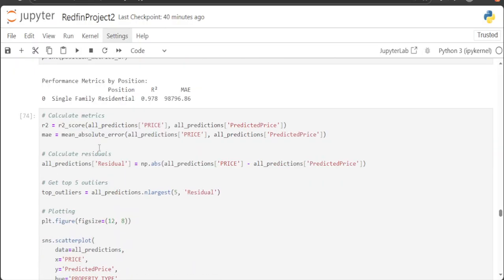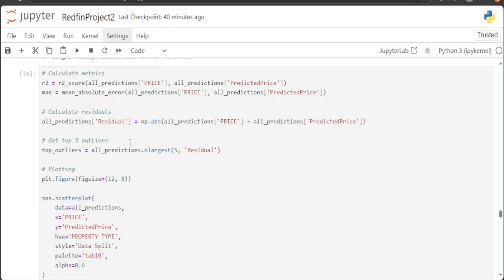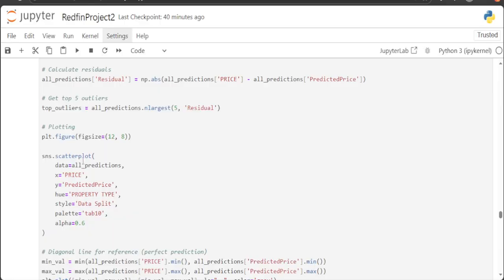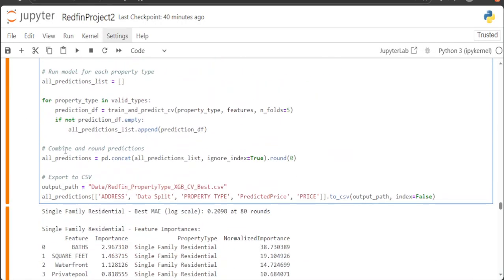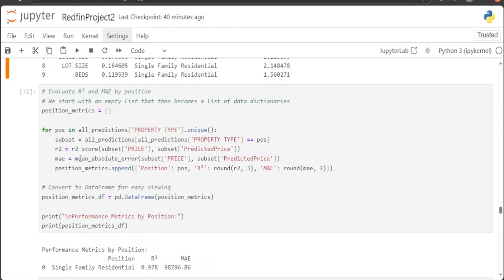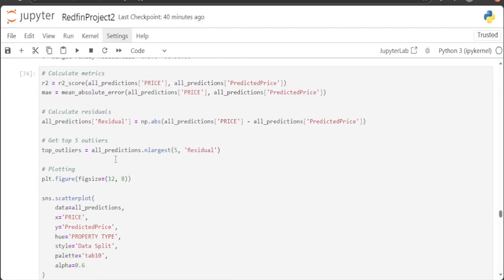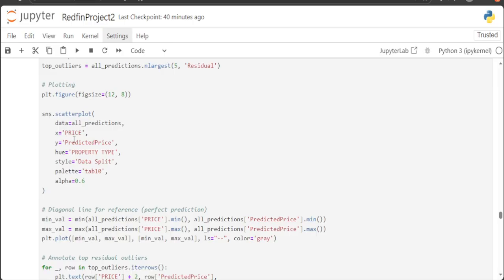And then when we chart that, we calculate our residuals, the top 5 outliers, and use the Seaborn scatter plot with these parameters inside. We're using the all predictions data frame, which was right here. The X is the actual sold price, the Y is our model's predicted price.